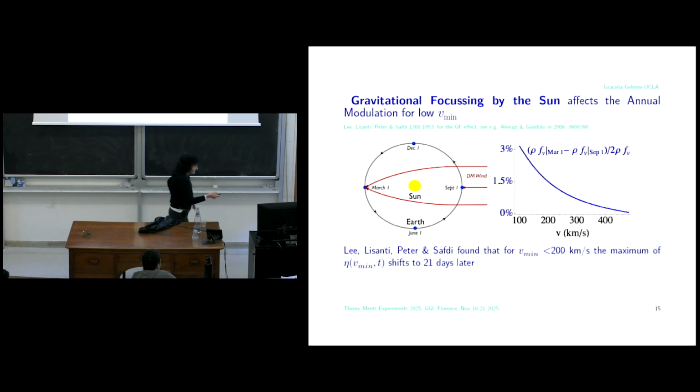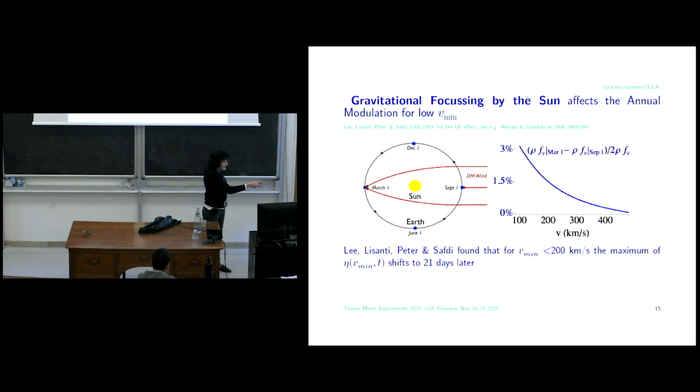What they found is that for velocities smaller than 200 kilometers per second, v mean, in order to reach this v mean, you will possibly have to be at a very low threshold, but it depends on the combination.